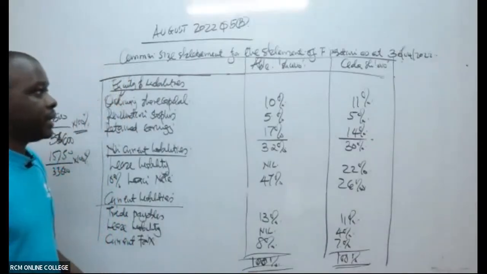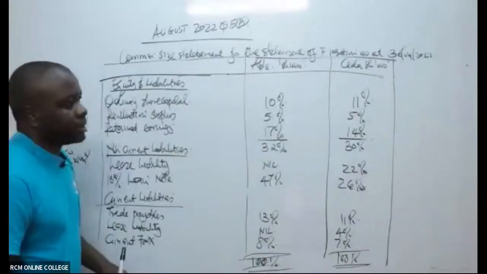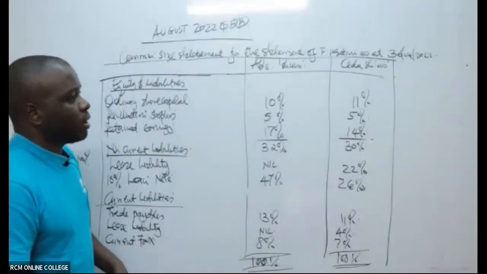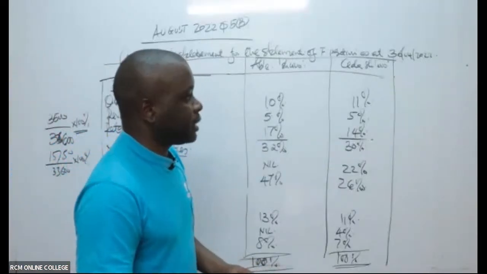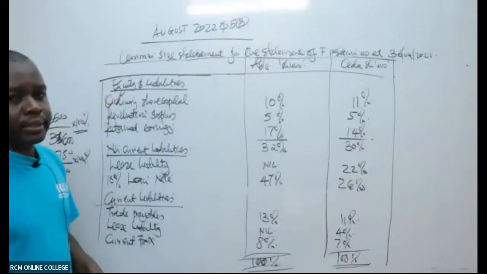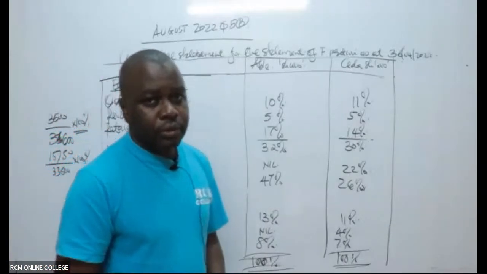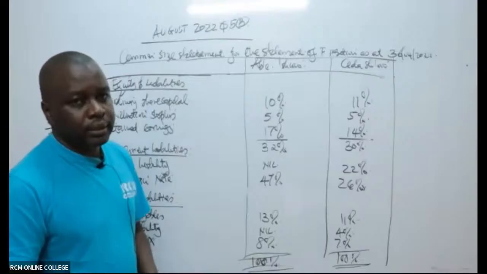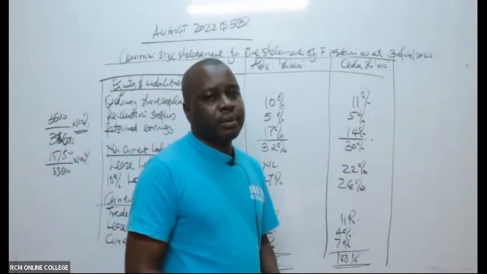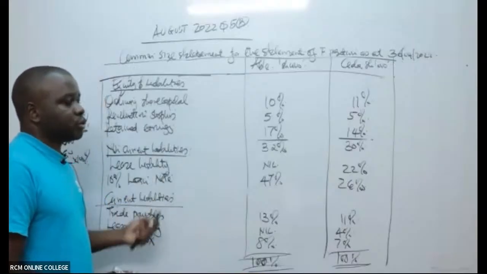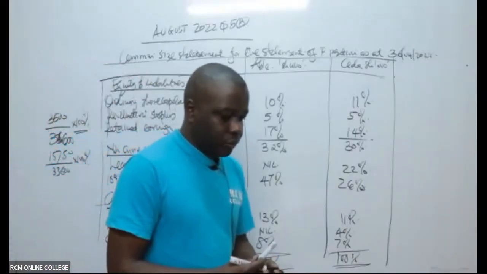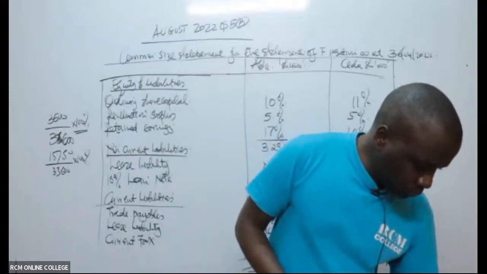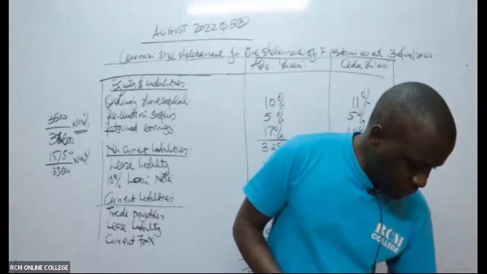So that's why in this case you prepare the common size statement, or the vertical analysis, whereby you convert the items in the financial statements into percentages using the total sales figure or total revenue figure as the base in the income statement, and you use the total assets and the total equity and liabilities to convert the items in the statement of financial position.